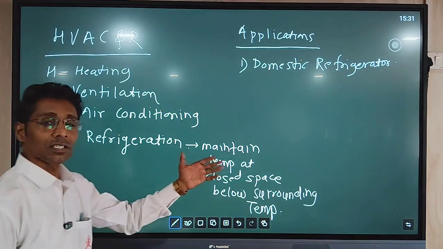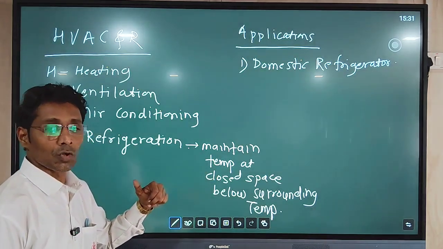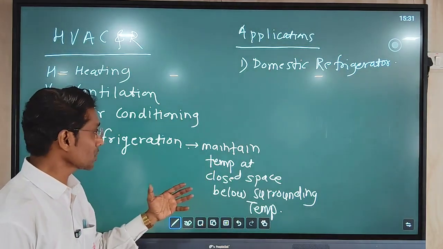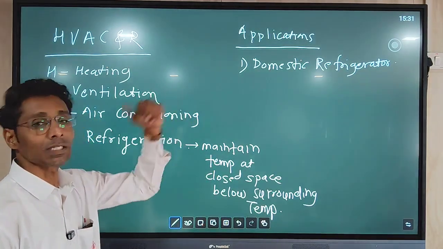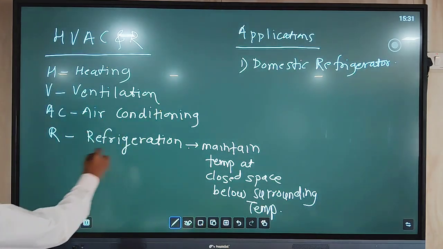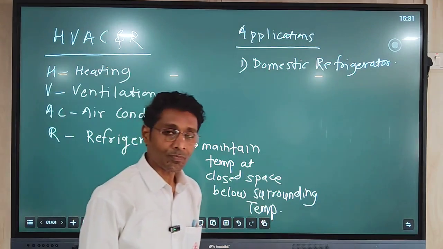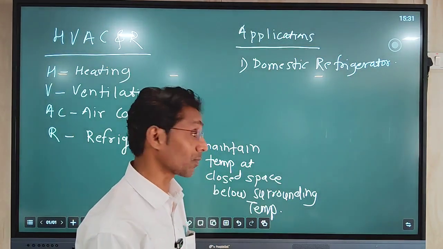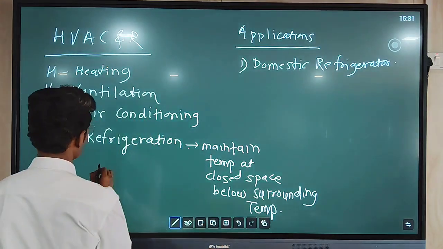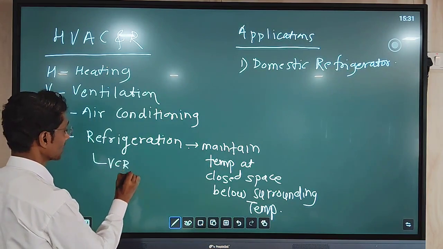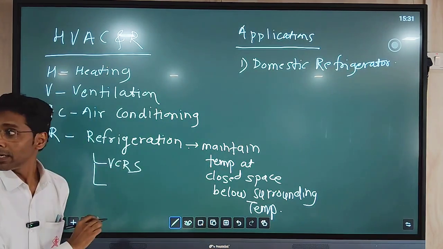So how is this possible? There we need some machine, and that machine is used in a domestic refrigerator. Normally in refrigeration there are two systems: the vapor compression refrigeration system and the vapor absorption refrigeration system, VCRS and VARS.